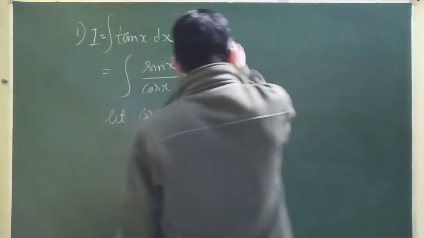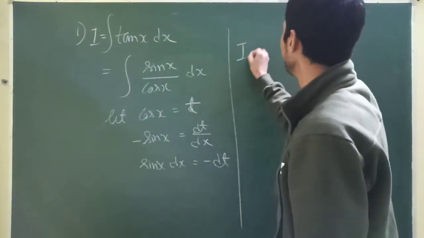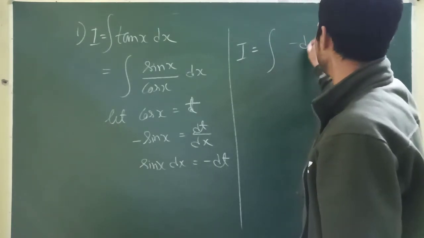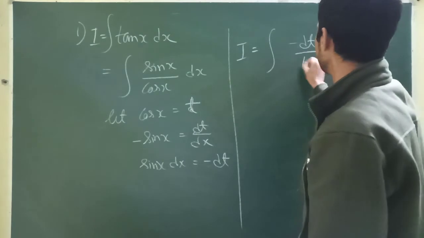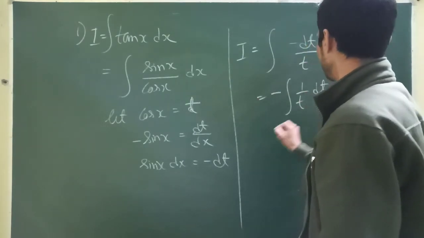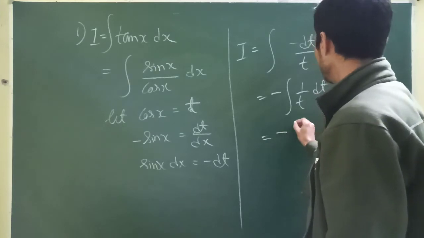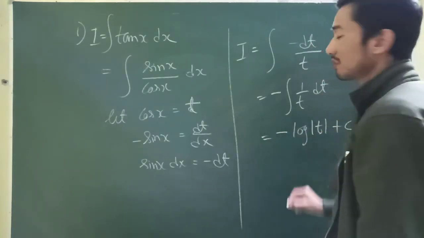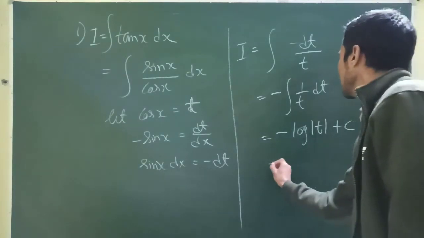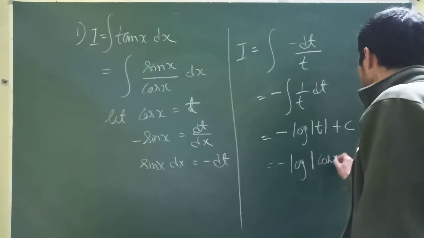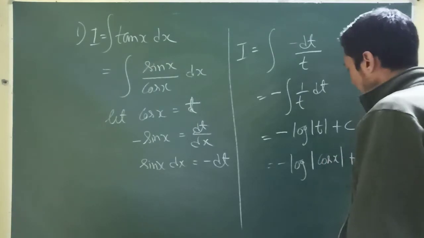Now, with that done, my integral becomes, sin x dx is minus dt, cos x is t, so that becomes minus integral of 1 by t dt. Integration of 1 by t is what? Log of t. Don't confuse, if you remember I was telling you in the last exercise. So that's minus log of, what was t? Cos x plus c.